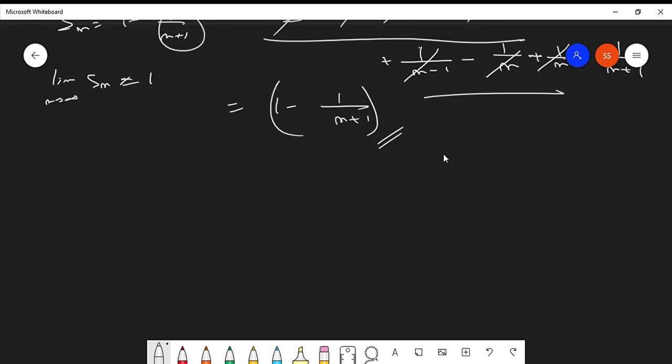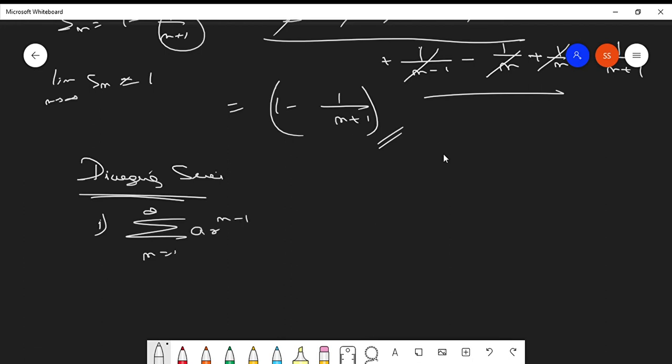There are many more examples of that sort. I'm giving you examples of diverging series. So the first example is the summation n equals 1 to infinity of a r to the power n minus 1 when mod of r is greater than 1. This is one of the examples.